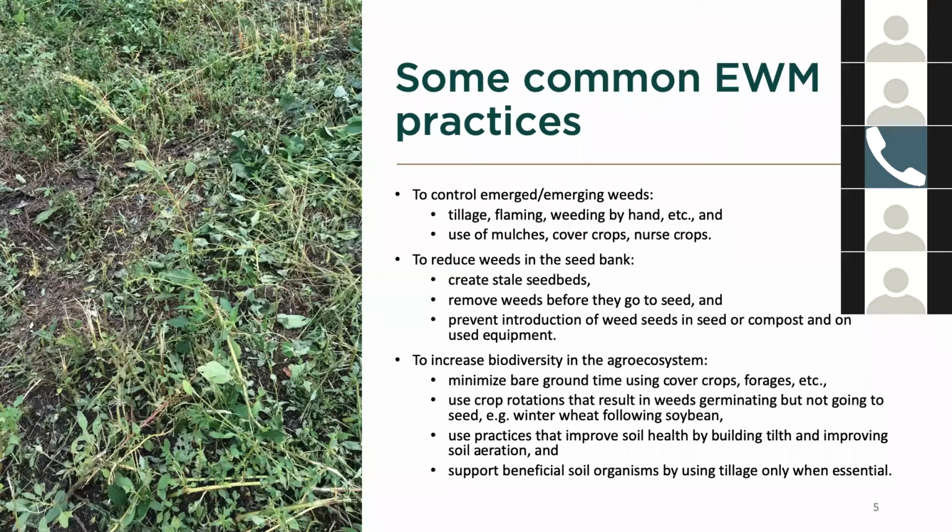So what are some practices that you as a farmer can use, ecological weed management practices? Well, first of all, there are those physical approaches to weed control that just about everybody is familiar with and uses every year. Tillage and cultivation and weeding by hand, of course, are kind of the first lines of defense that the farmer is using. In some crops, there is the use of flaming or thermal weed control using heat to kill weeds.